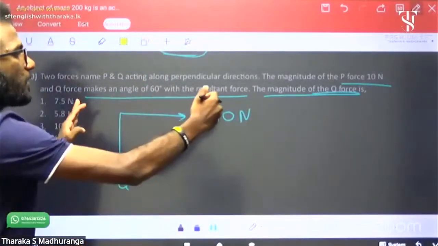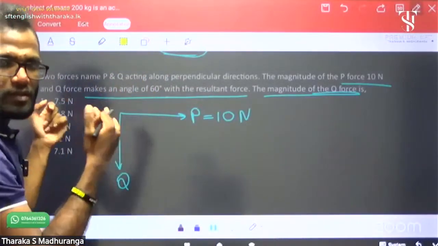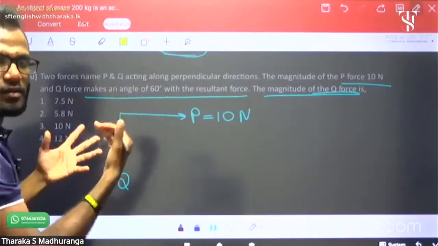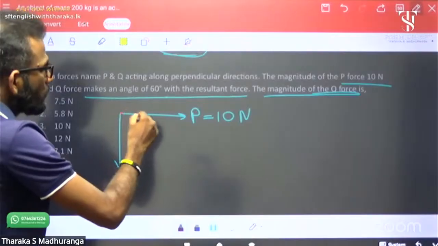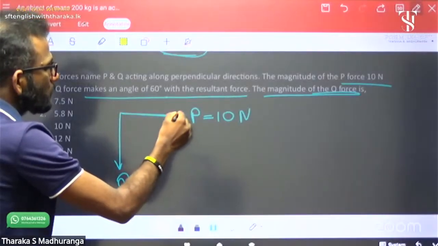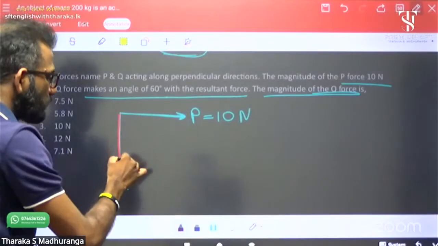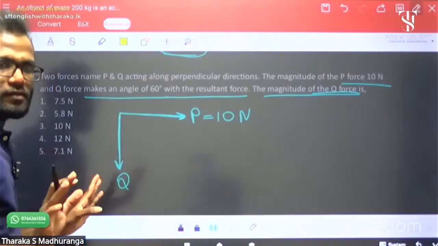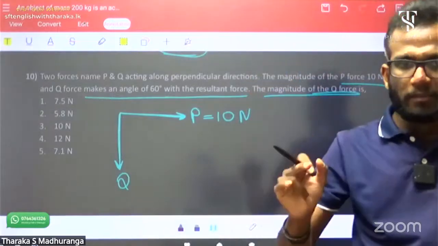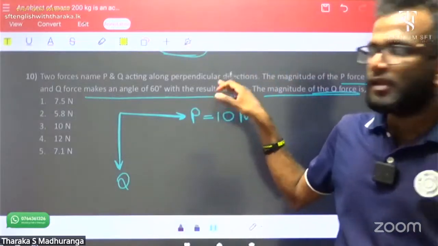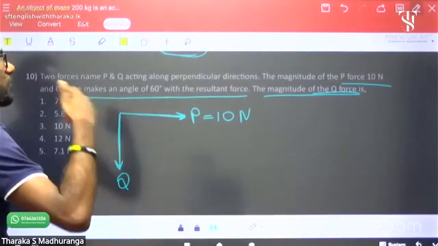Please draw and understand the question first. Don't read several times, then you can't understand. You can draw a diagram and insert this data into it. Then it is very easy. You can find a method.